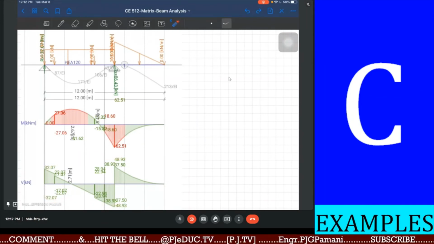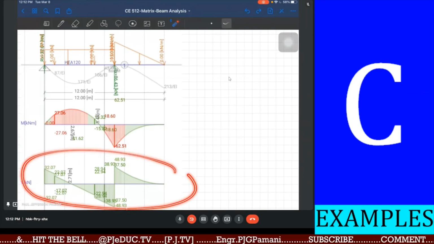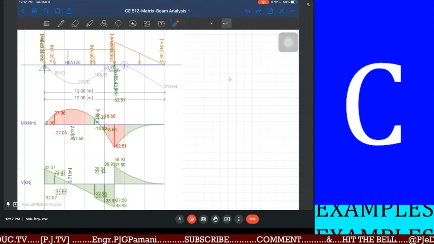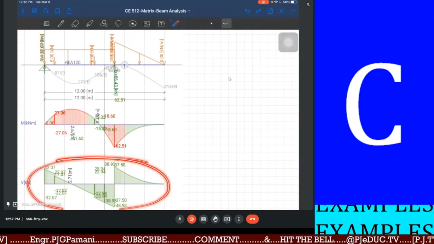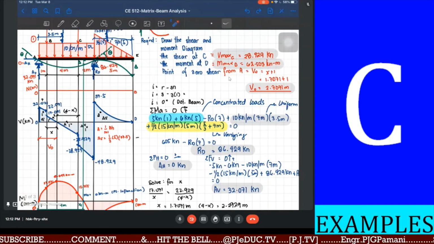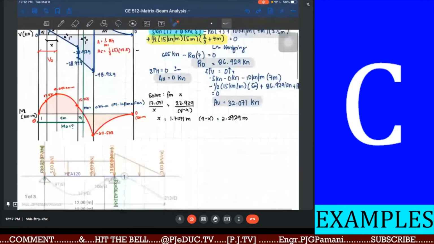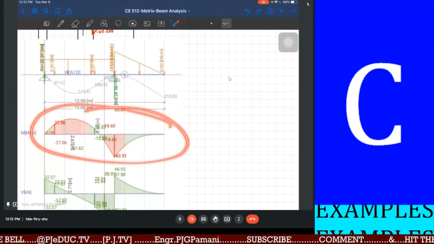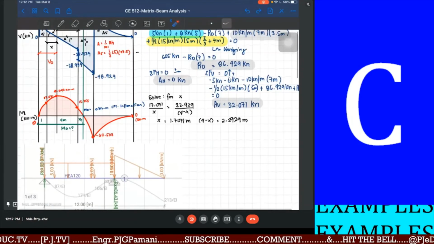Exaggerated lang yung nagawa kong figure. Pero, ganyan po yan. So, as you can see, we have the same values and the same diagram. Tama? Then, you also have our moment diagram. More or less, parehas din.